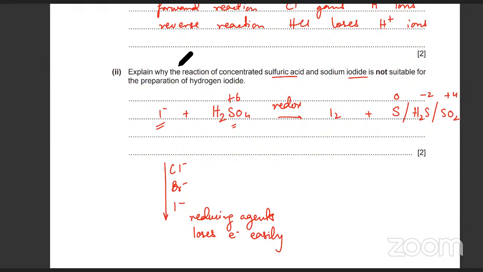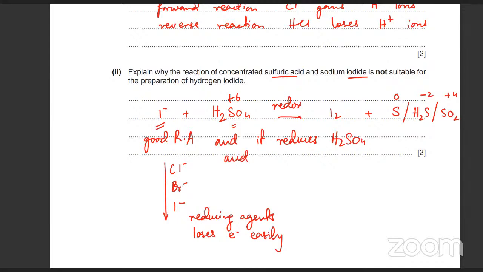And that is what you're going to state. Explain why this reaction is not suitable for the preparation of HI, because you're not going to get HI. Instead, I-1 is a good reducing agent and it reduces H2SO4. So you don't get HI, and it gets oxidized to iodine.